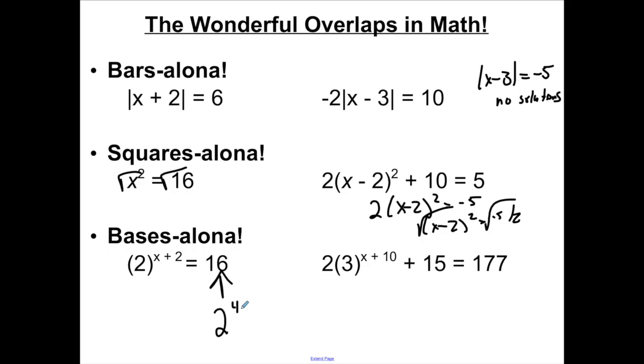So for example, because 2 to the x plus 2 is equal to 2 to the 4, and those bases are the same and they're equal to each other, x plus 2 has to be equal to 4, because of the one-to-one property.